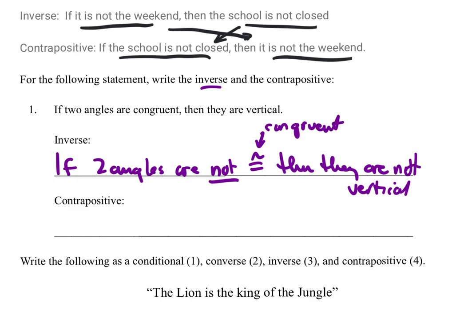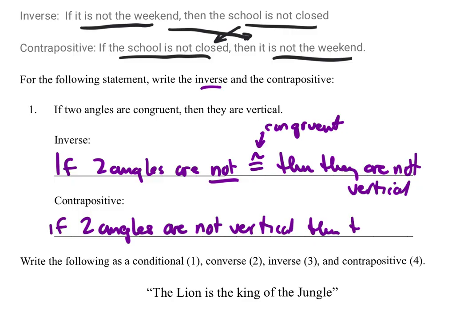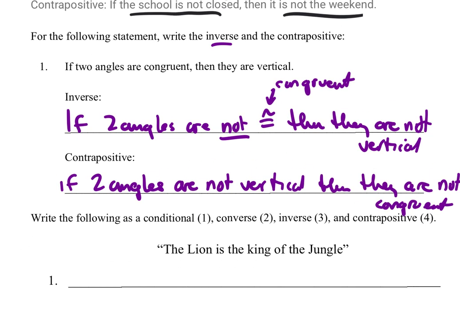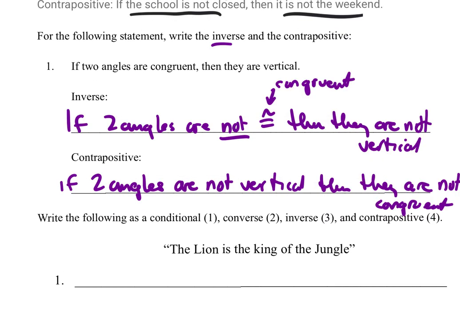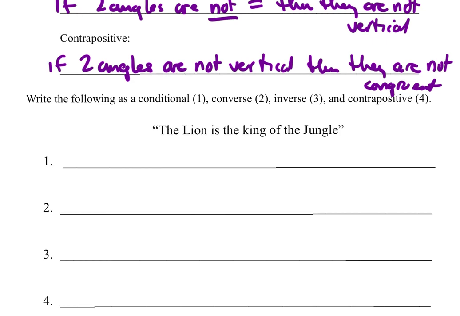For the contrapositive, I flip that around. If two angles, because that's the subject of this, are not vertical, then they are not congruent. Again, I'm not looking for a truth value of this. I'm not saying, are these true or false? I'm trying to put these all together.